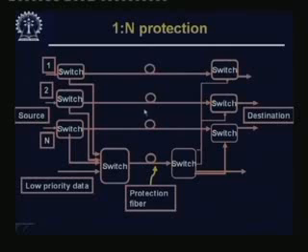So, what would happen is that in case there is a failure in any one, let us say the ith link from 1 to n, the ith source to ith destination is going through the ith link, and the ith link fails. So, what the ith switch could do is switch the signal from the ith source to this particular switch at the bottom, and now the protection fiber would be carrying whatever signal was flowing down the ith channel, and then it will again feed it to the ith switch on that side.